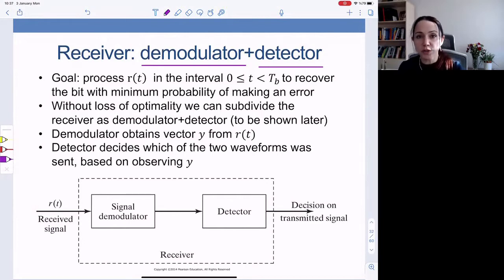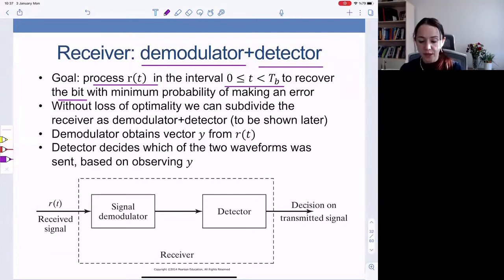But now we're focusing on the binary case, so we will detect whether a 0 or a 1 was sent. The goal is to process the received waveform r(t) in the bit interval to recover the bit that was sent with minimum probability of making an error.